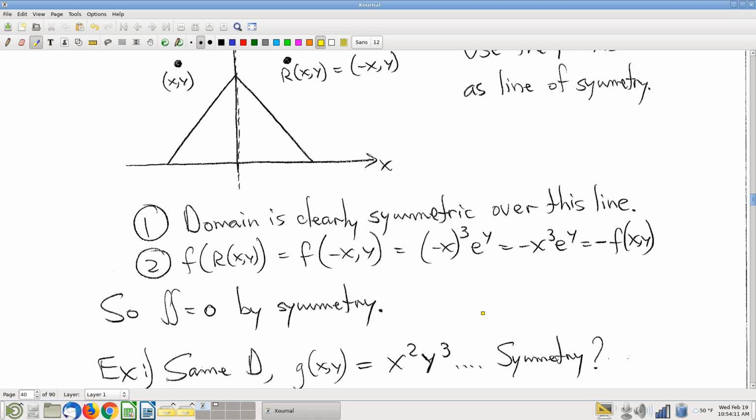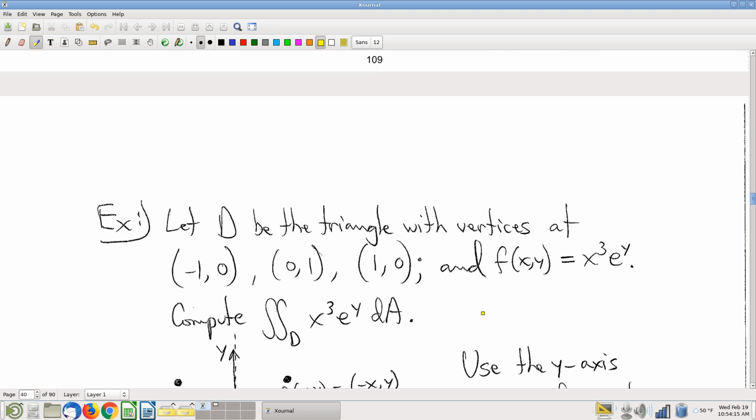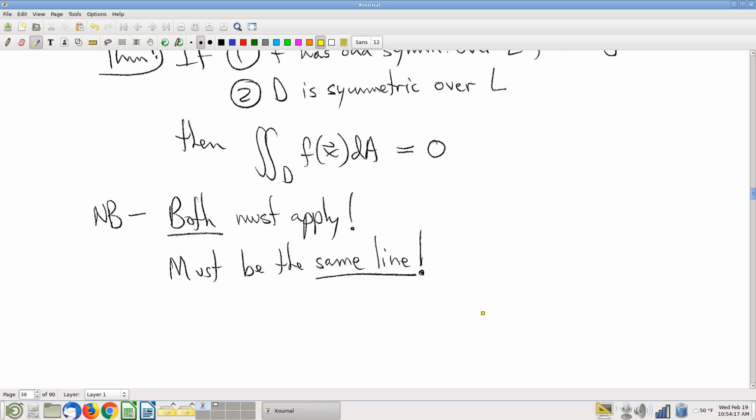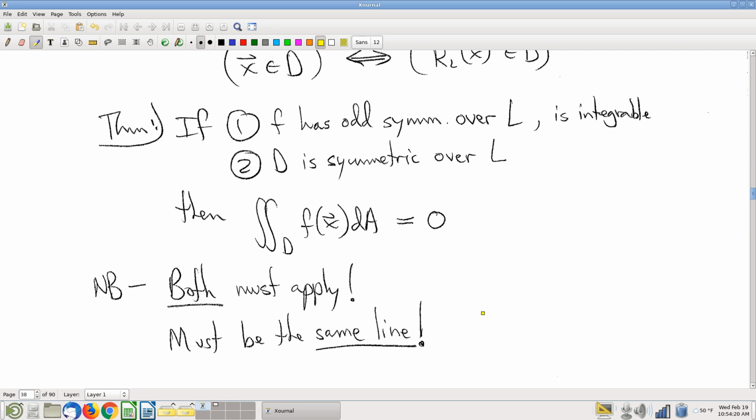And here's why. When you have an odd symmetry argument, right, there's risk of, oh my gosh, did I inadvertently write down the wrong formula for reflection? But there's the huge payoff of integral equals 0. I'm done. Okay. With the even symmetry theorem, just as much risk, and the payoff is not very good.